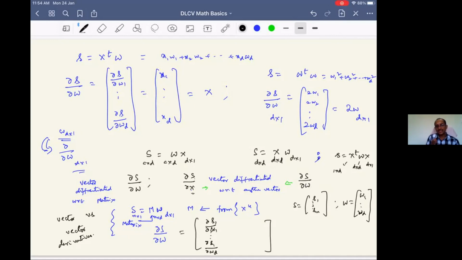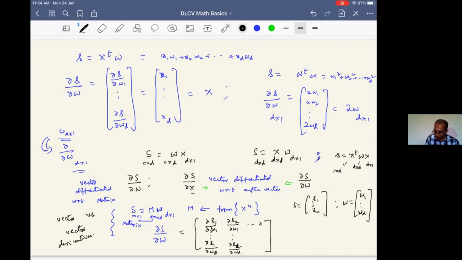If we now have the second component of S, that is when we write S as a matrix multiplied by W, you will have the second component dou S2 by dou W1. Again, we need to see the partial derivative with respect to each component of W. So we write dou S2 by dou W1 up to dou S2 by dou WD.